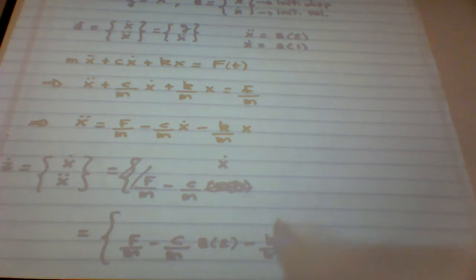And then we're going to have minus k over m. The x will be z1. And this will be the x dot, which is z2.